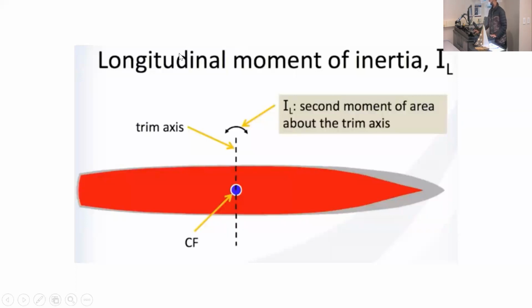So, longitudinal moment of inertia. Do you remember moment of inertia from statics? Did you like moment of inertia in statics? Nobody seems to like it. It's a very simple, straightforward thing. If you take an object and try to push it, it doesn't want to move because of what?